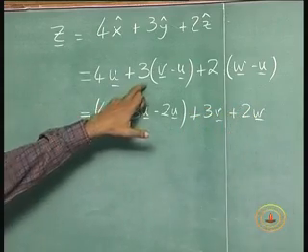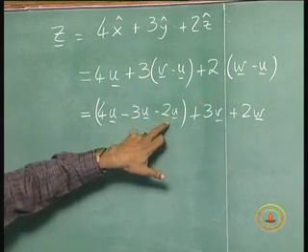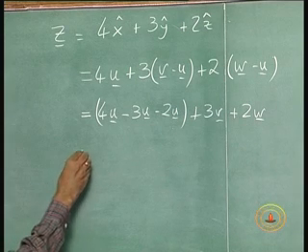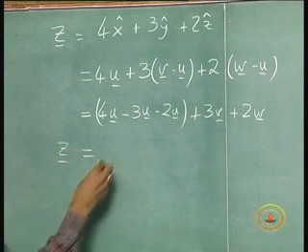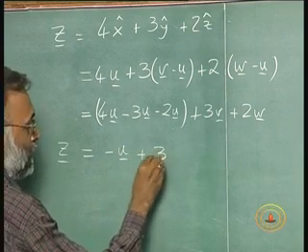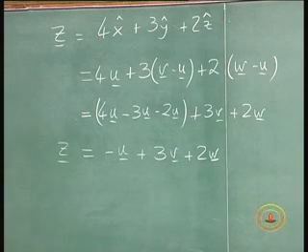So, I have taken the minus 3u, brought it here, the minus 2u and brought it here. What does that give us? It gives us that z is equal to minus u plus 3v plus 2w.